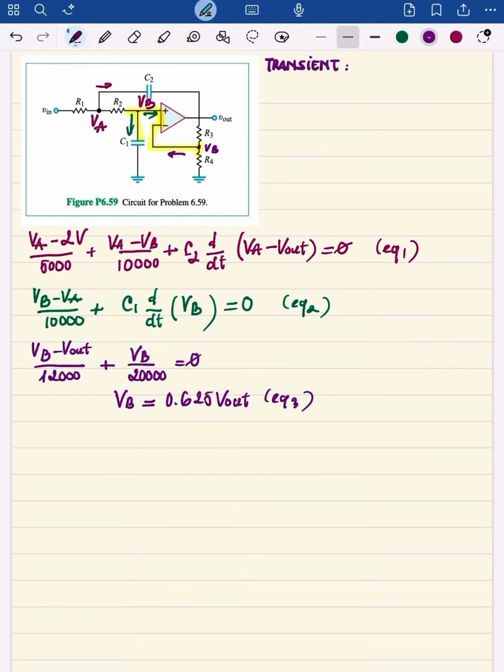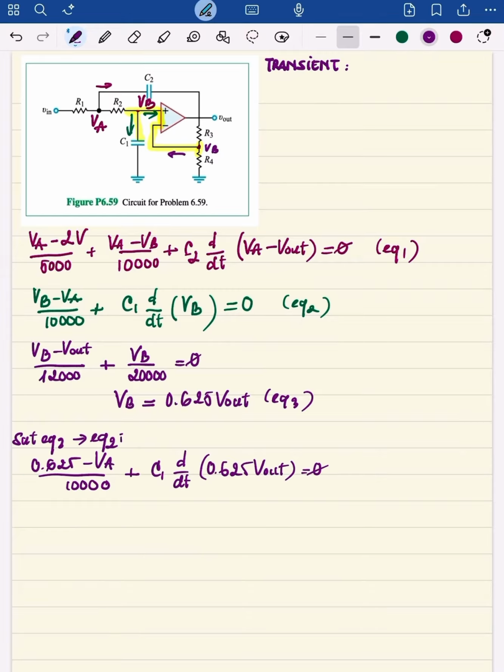Now I want to turn everything into just one variable, because right now I have VA, VB, and V in as three different variables. So I'm going to substitute equation 3 into equation 2. I have (0.625 V out minus VA) over 10,000 plus C1 d/dt of 0.625 V out.